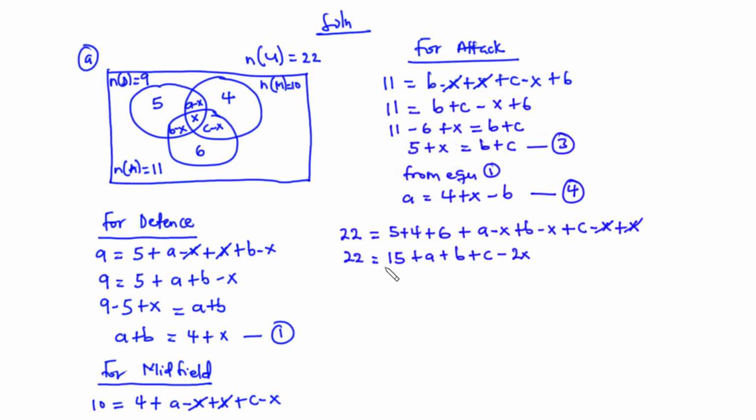Now 22 minus 15 is 7, and then negative 2X becomes plus 2X equals A plus B plus C. Let's call this equation 5. Now from equation 3, B plus C is equal to 5 plus X. So let's put equation 3 into equation 5.